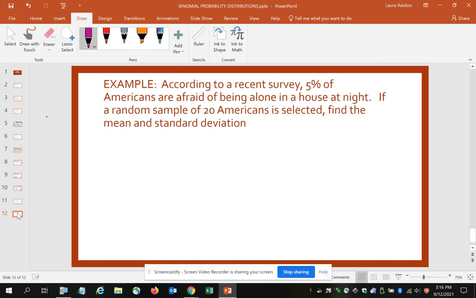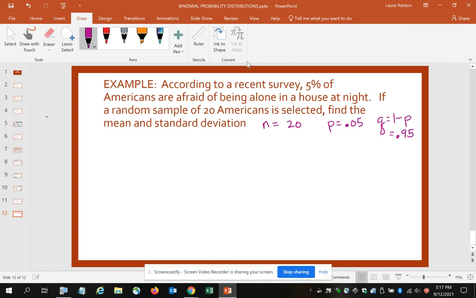Okay, so if we look at the same example we were just looking at, where n was 20, probability they were afraid is 5% or 0.05, which would then make Q 1 minus P, or 0.95. If 5% are afraid, that means 95% are not.